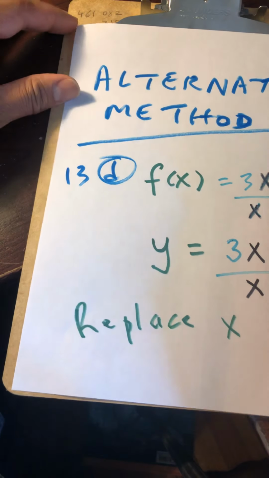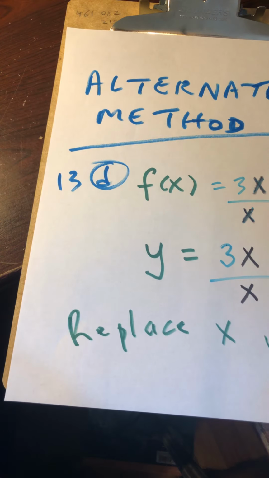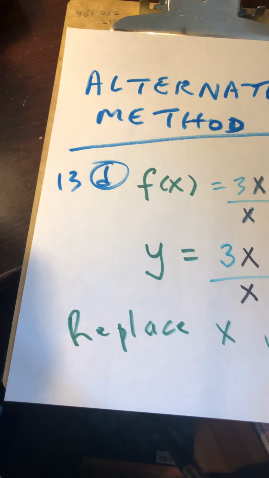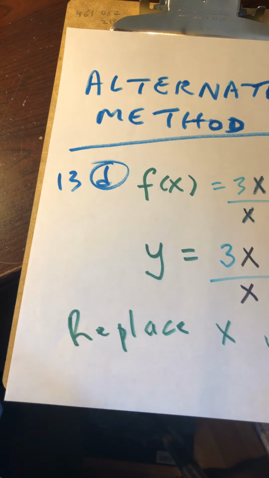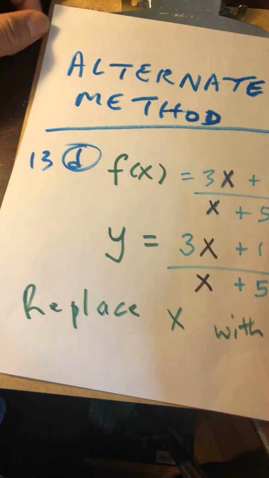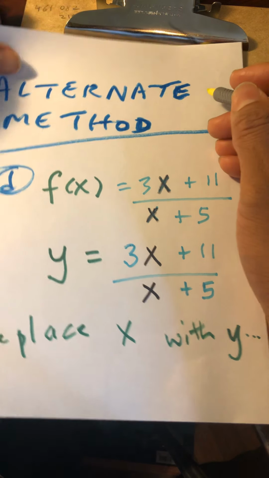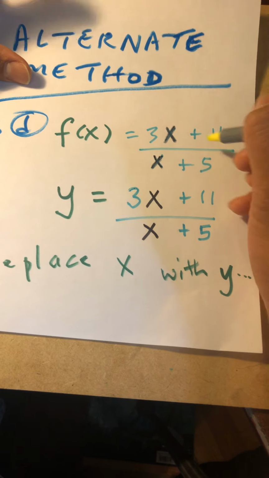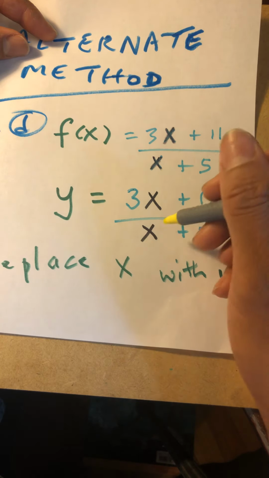So 13D, we're given a few things. Let me highlight as I go. The problem we're given is number 13, that there's this function f of x is equal to 3x plus 4 over x plus 5.